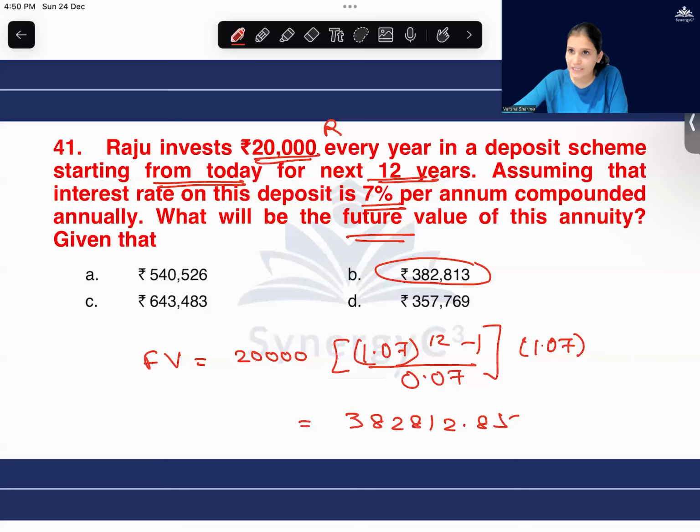I've already taken the loan today. The first installment will be paid after 1 year, right? I'm going to return you the first amount after 1 year, not right now when you're giving me the loan. But if I open an RD account, I need to make the first payment right now to the bank so that you can start my account. So this was from today. From today is annuity due. Okay? Everyone clear with it? Any doubts?